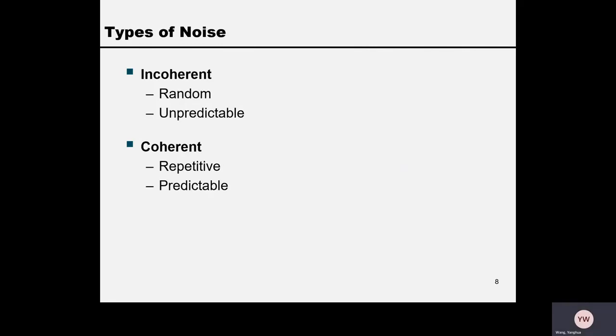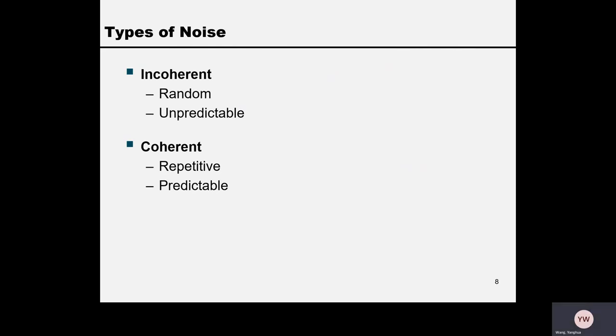Noise, in general, can be classified into 2 types. One is incoherent noise, such as random noise. One feature of random noise is the white spectrum. Every frequency component has almost the same magnitude, so it's a white spectrum.